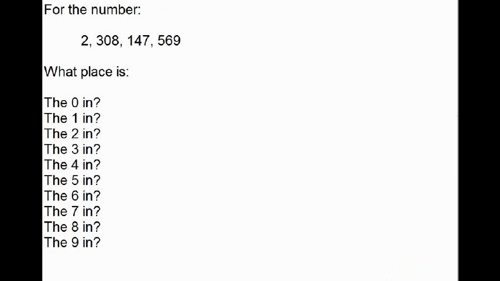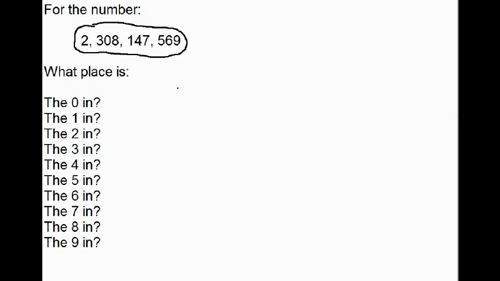So to finish off our lesson on place value, I'm just going to ask you to identify the name of the place for each one of these digits in this very large number. So this number here, which again I've used commas to put the places in groups of threes, it's a very large number.